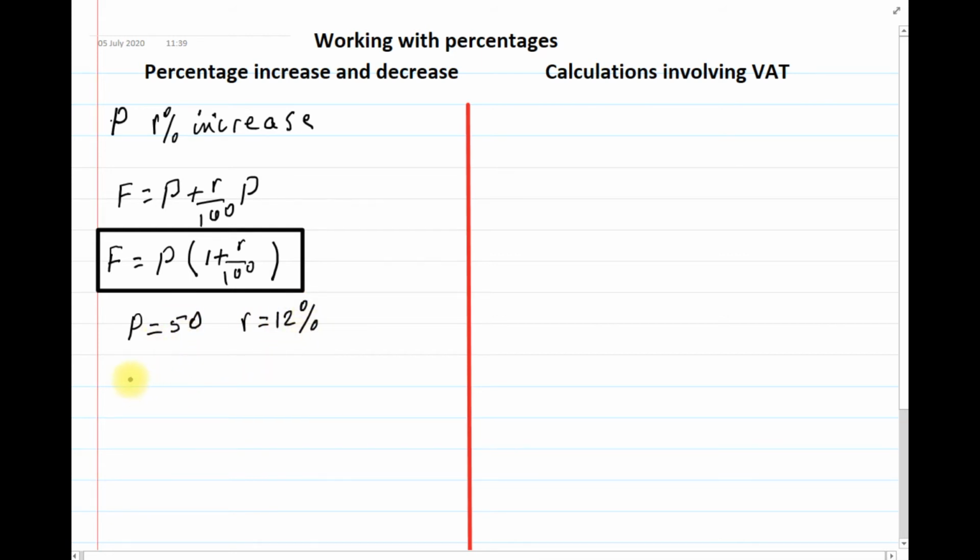So the final price will be calculated as 50 times 1 plus 12 over 100, which is 0.12. This becomes 1 plus 0.12, which will be 50 times 1.12, which should give us 56. So basically, the addition part is taken care of in this bracket.